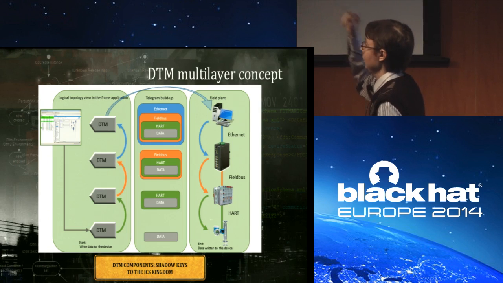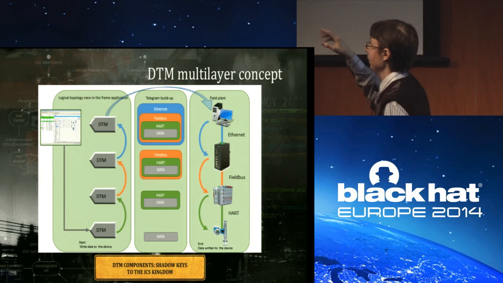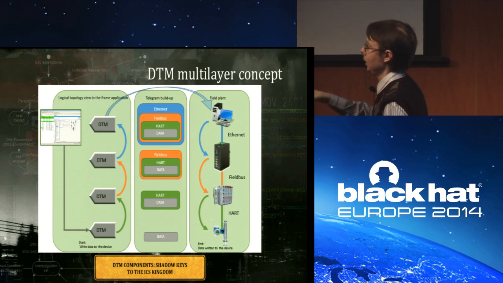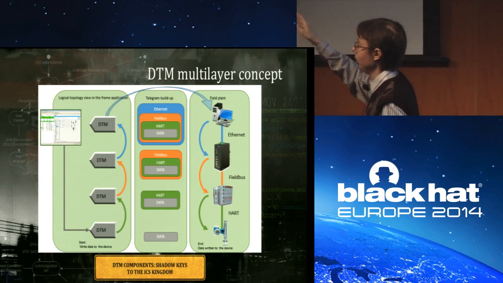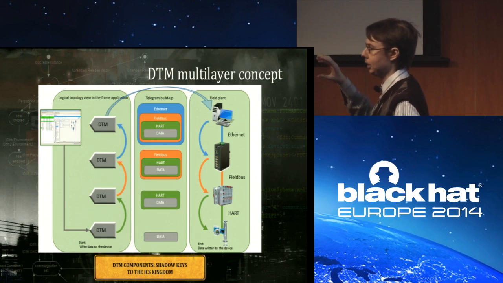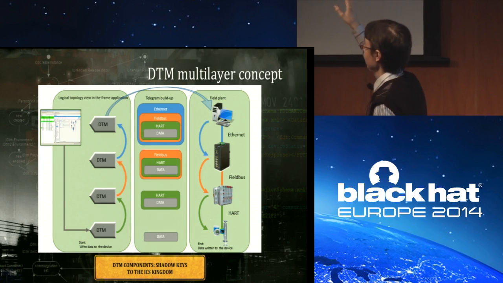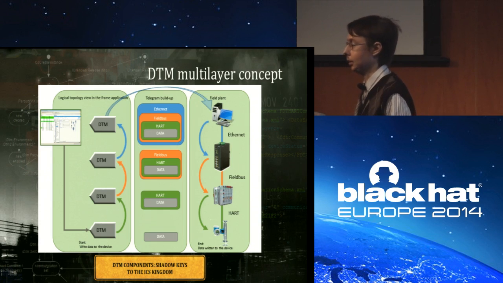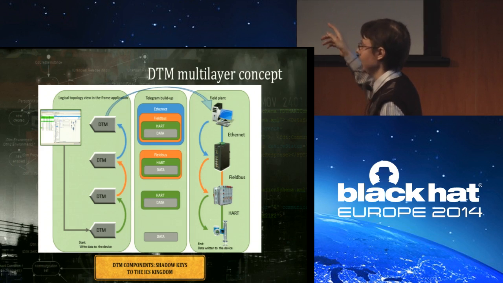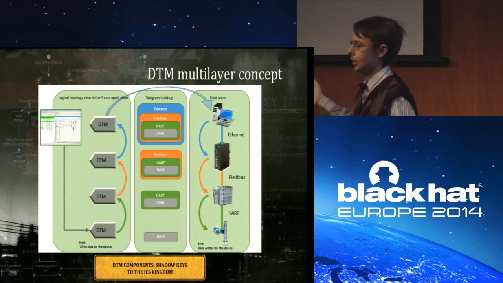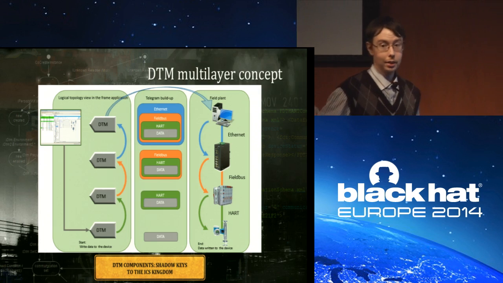When the DTM component of the transmitter wants to send some data, it will pass through all the DTM components from down to up, as you can see on the left side of the picture, and the data will be packed and encapsulated. When it reaches the Ethernet level, it will be injected into Ethernet and sent over the ICS network. Then the data will be decapsulated on the devices, on the gateways, and at last it will be injected into the current loop line.